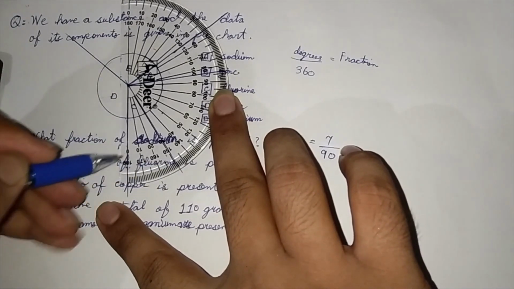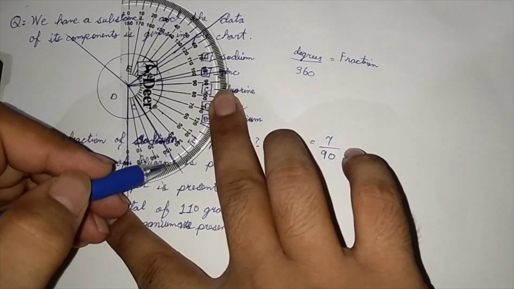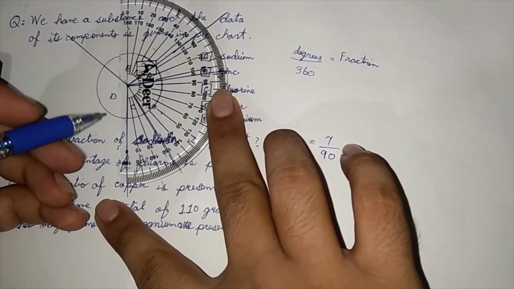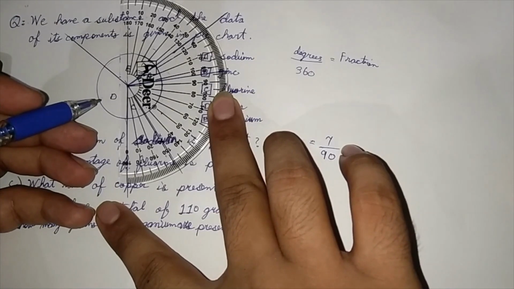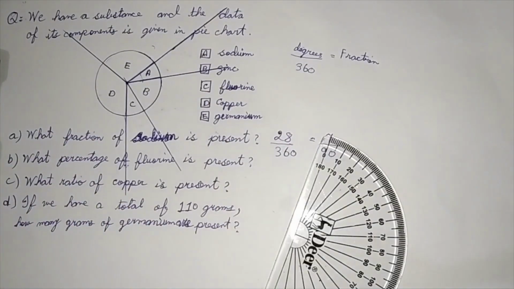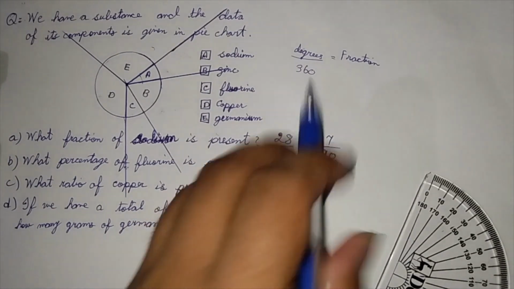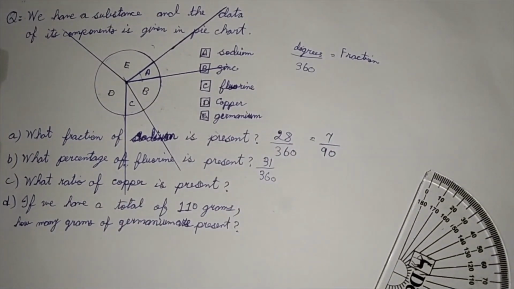So let's count. We will use the 0, 10, 20, 30, and it is approximately 31 degrees. Okay, so to find the fraction, we will divide the degrees, which is 31, by 360. Okay, 31 by 360.